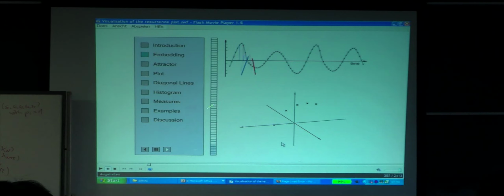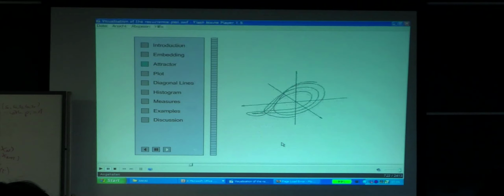What you will see in some seconds is that there will be some sort of chaotic attractor forming, which is related to the Lorenz attractor I mentioned earlier today. And you will see a bit the structure of this system. Okay, it looks like this.